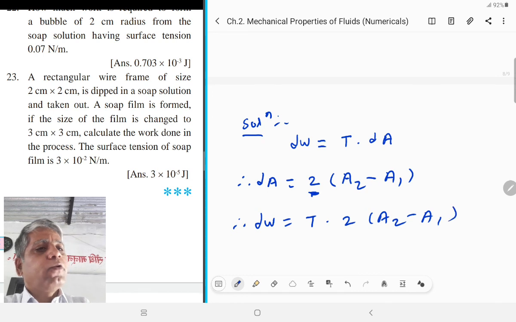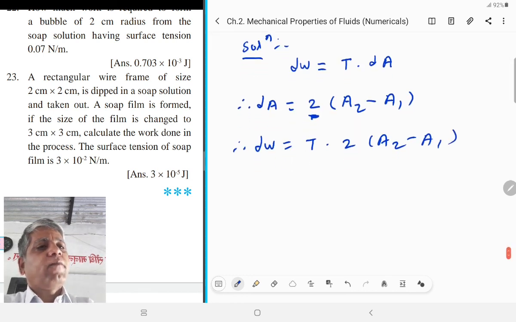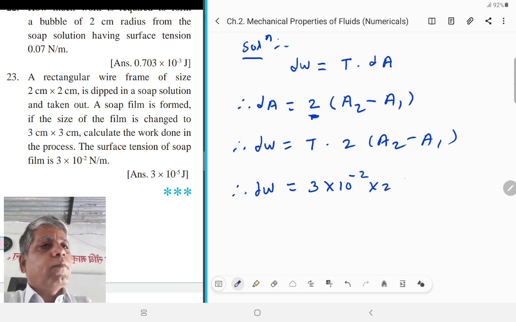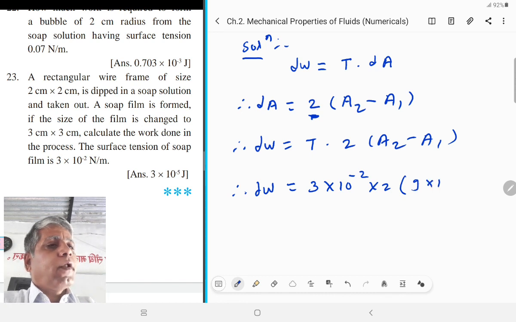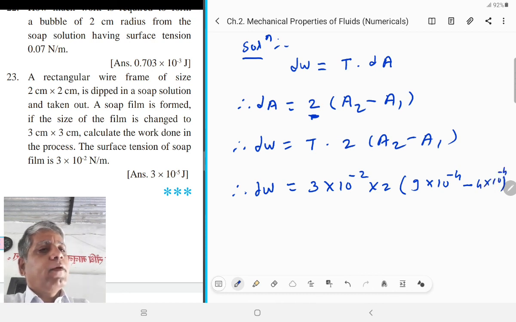Now, substitute the values of surface tension and area, final area minus initial area. We get the work done dW is equal to 3 into 10 raised to minus 2 into 2 into bracket 9 into 10 raised to minus 4 minus 4 into 10 raised to minus 4, bracket completed.